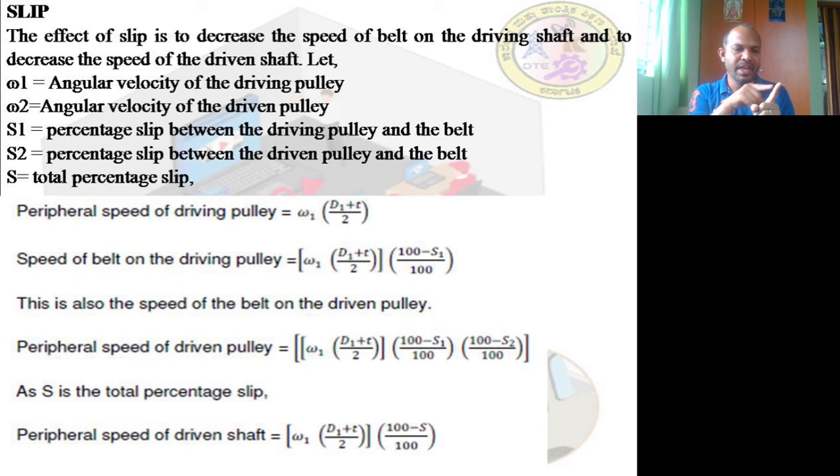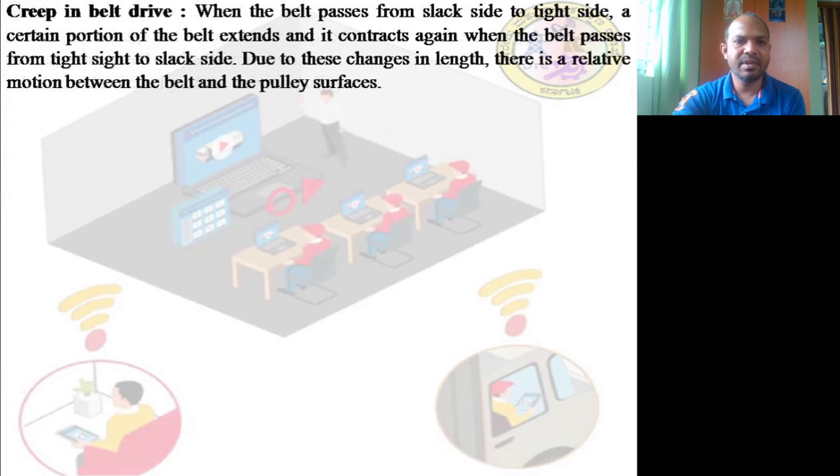If it is rotating 100 times, what is the percentage of slip? Maybe one time, maybe 1%, 2% or 3%. Then the slip factor is taken as 3 divided by 100. The equation can also be simplified into omega 1 into (d1 plus t) divided by 2 into s. That will give the peripheral speed of the driven shaft.